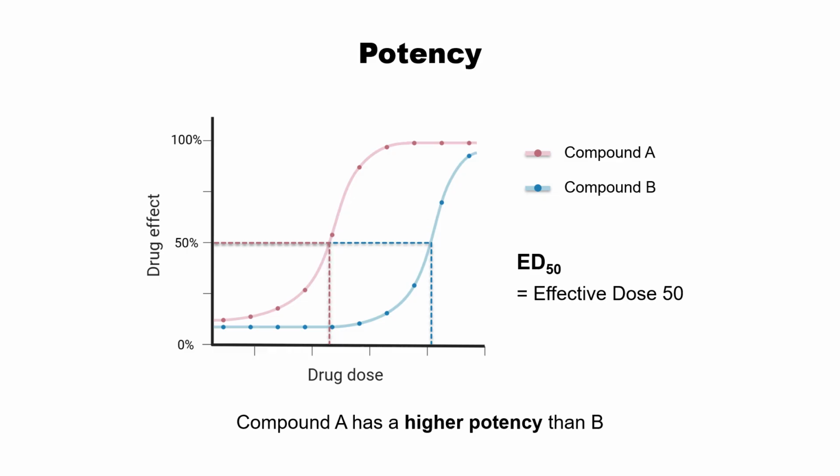That's why we say compound A has a higher potency than B, or compound A is more potent than B. The ED50 is defined as the concentration at 50% activity. So this is compound A's ED50, and this is compound B's ED50.